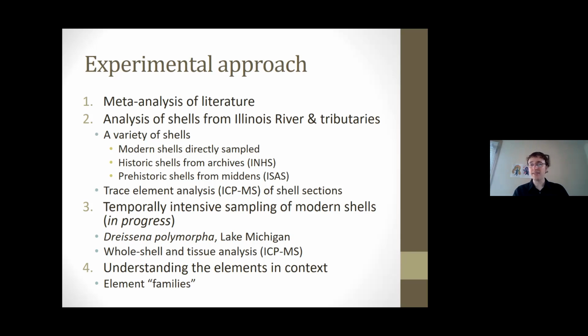All of the analyses that I will be talking about were done with inductively coupled plasma mass spectrometry to look at shell sections. So what I did was take out sections of the shells and process them so that they could be analyzed at the University of Kentucky. This was to get concentrations across the entire lifespan of the organism.